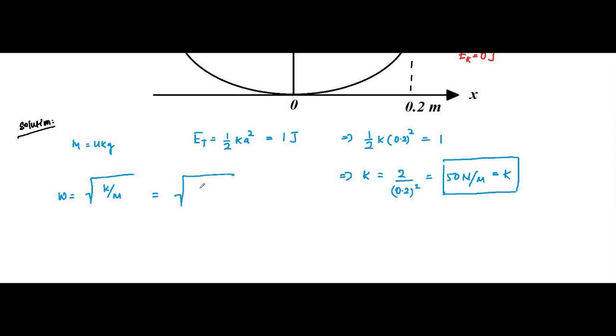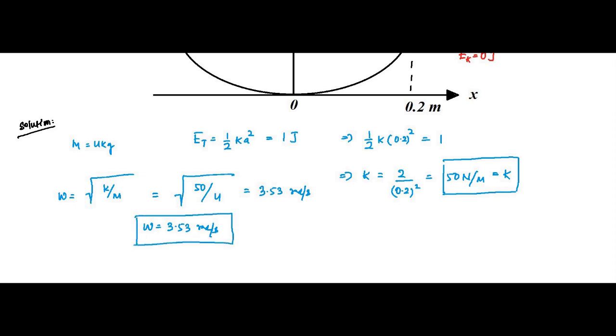So from here we will calculate the angular frequency, that is 50 by 4, which is 25 by 2, so it is 5 by root 2. Let's calculate, it is coming to 3.53 radians per second. So angular frequency is 3.53 radians per second.